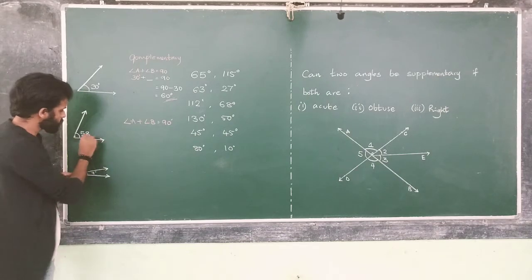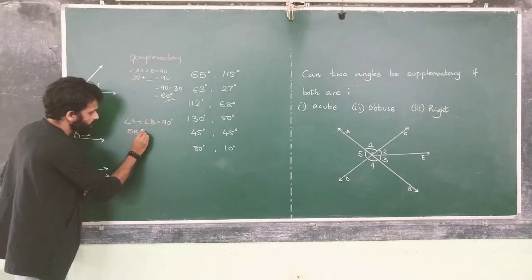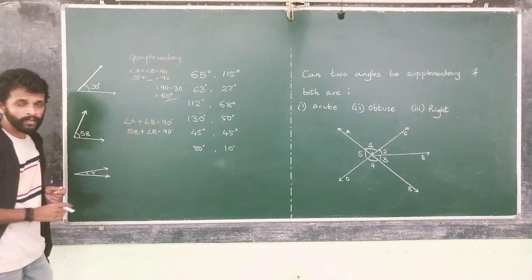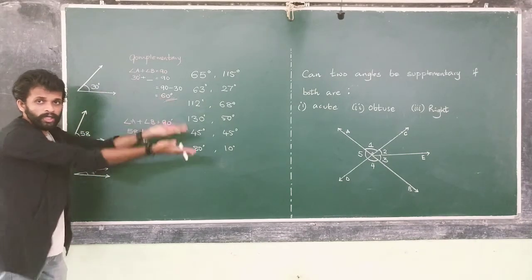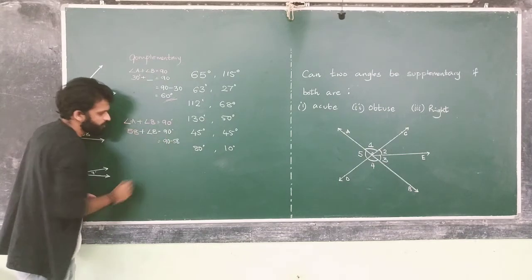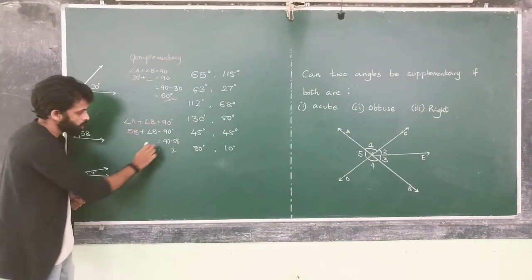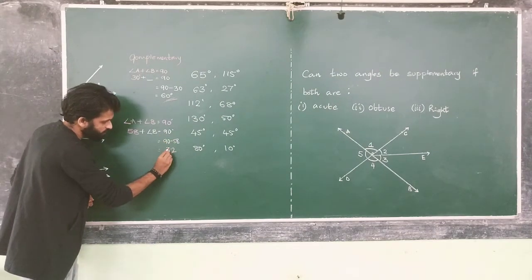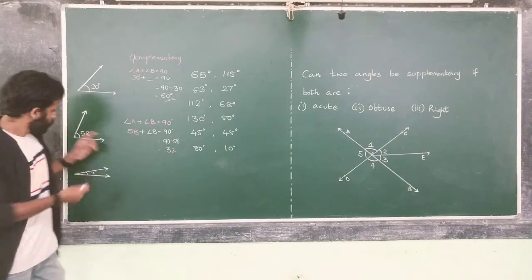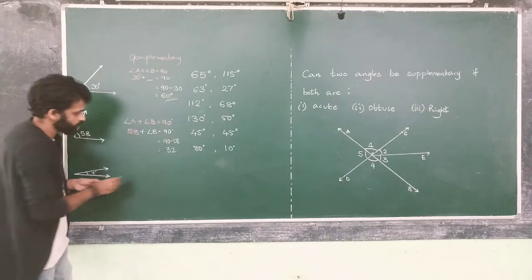In this case, 58 plus this unknown angle is equal to 90. So take this 58 to the other side and it will become 90 minus 58. So how much will it be? 10 minus 8 will become 2 and 8 minus 5 will be 3. So 32. The complement of angle 58 is 32 degrees.